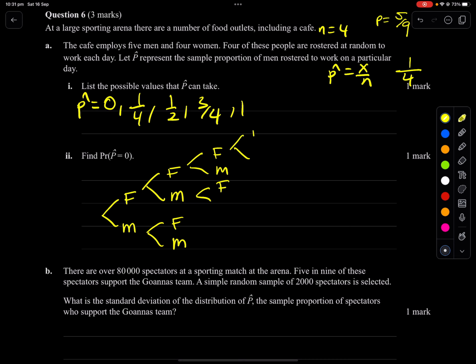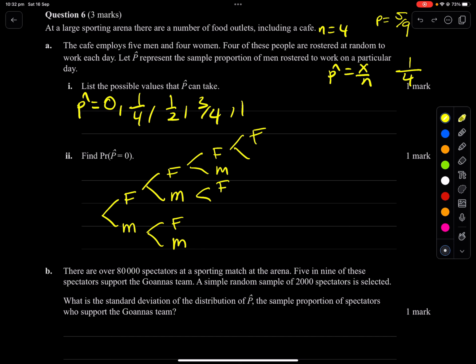And remember, it's not with replacement, because they don't say it's replaced, so it's not binomial. They haven't said anything about independence, and it makes sense, you can't replace it, if a woman's working, the number of women available decreases.